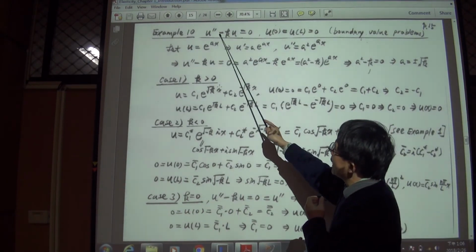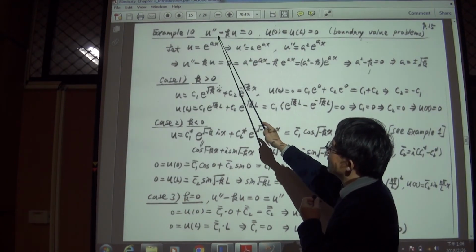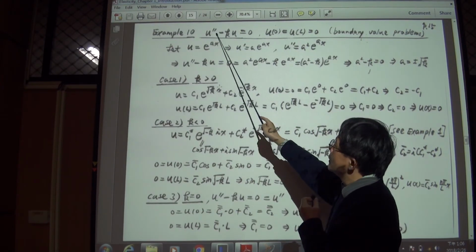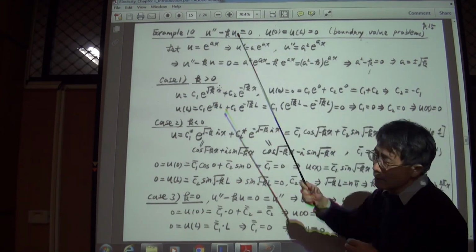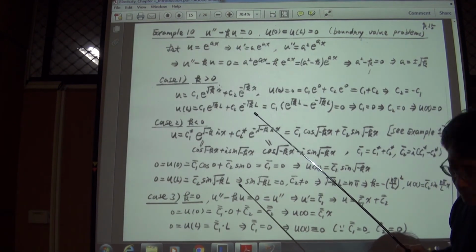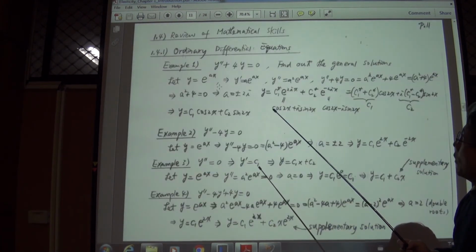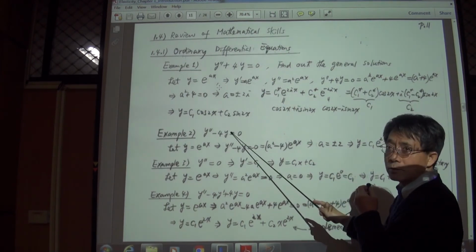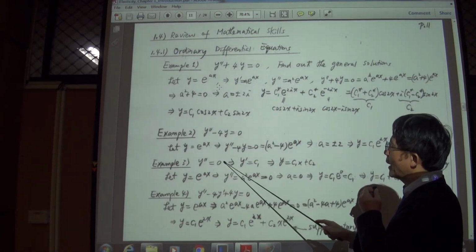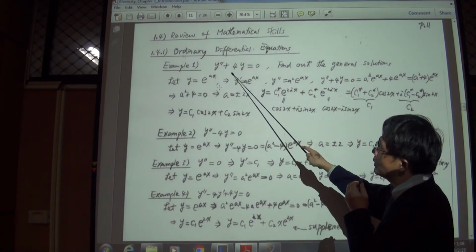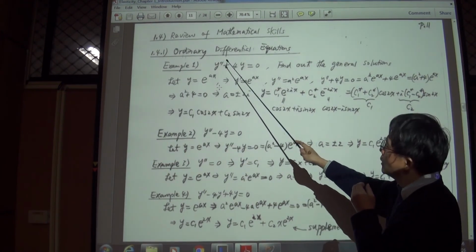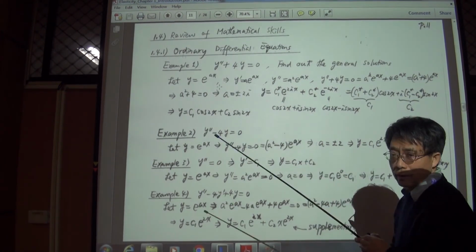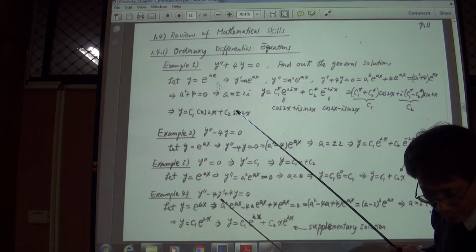This is a common, simple equation. This equation is just like the equation before: y double prime plus 4y, or y double prime minus 4y, or y double prime equals 0. See, if we turn y into u and 4 into lambda, then we get example 10.